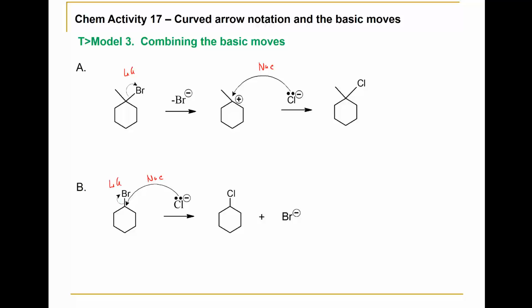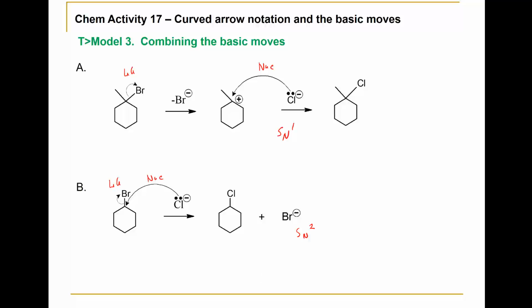Now, you may recognize these reactions as those that we studied in first year. So this first example A is an example of an SN1 reaction. This second is an example of an SN2. We will revisit these reactions in the second semester of the organic chemistry course. So I'd like you to be able to look at examples where the curved arrows are given and to be able to predict what the products are.